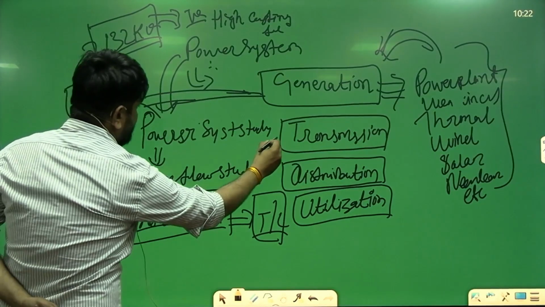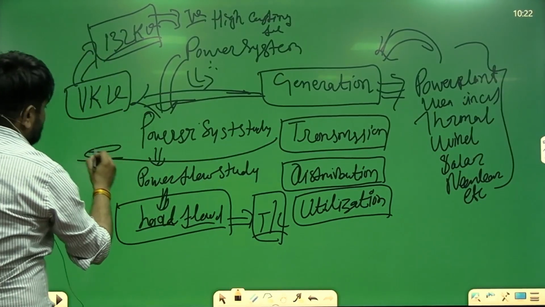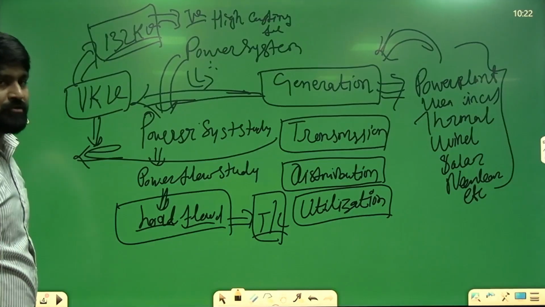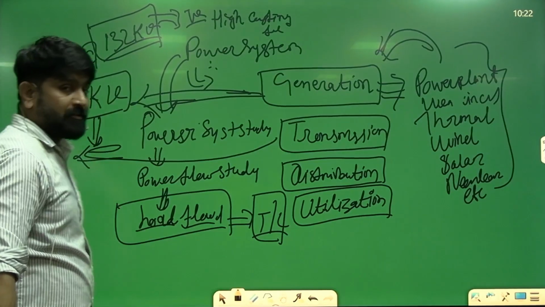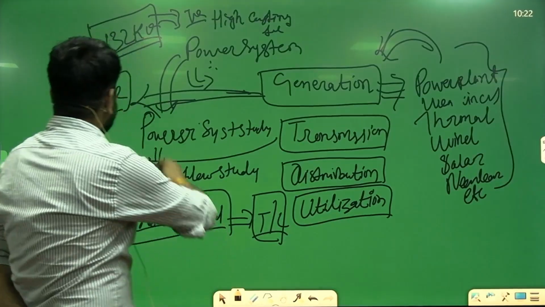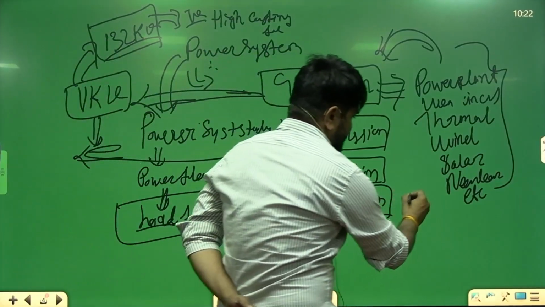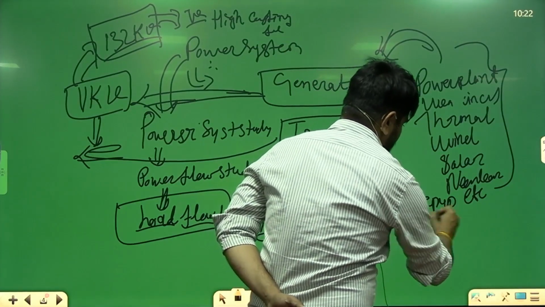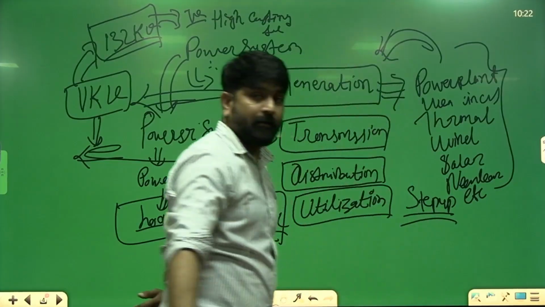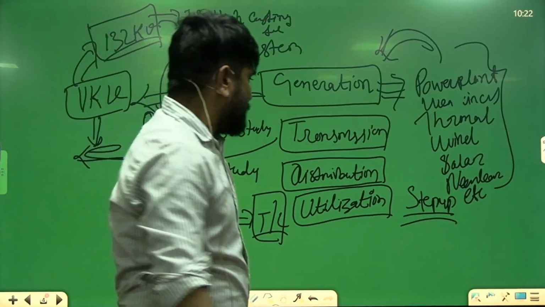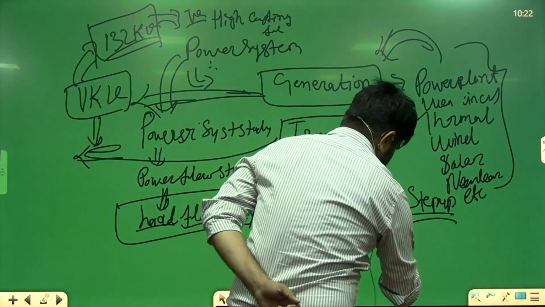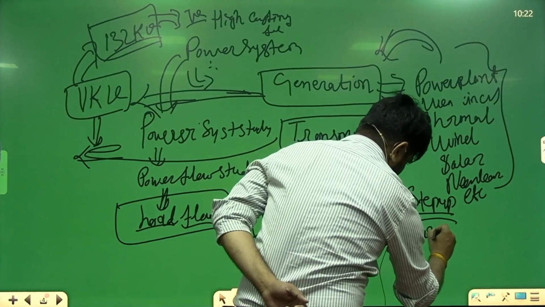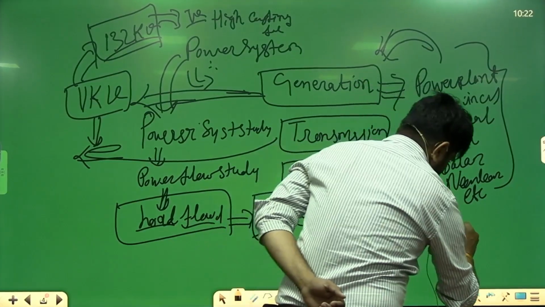After that, the transmission. For the transmission, we always boost the energy. For boosting the energy, what do we use? We use a step up transformer. We can raise the voltage from 11 kV to 720 kV.